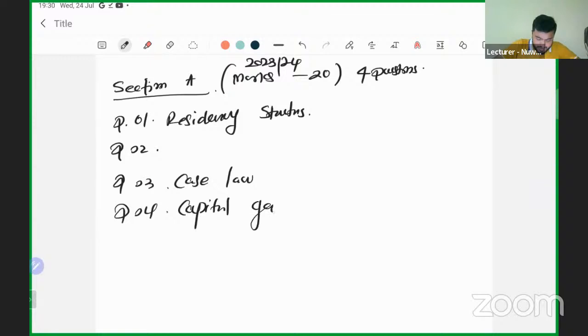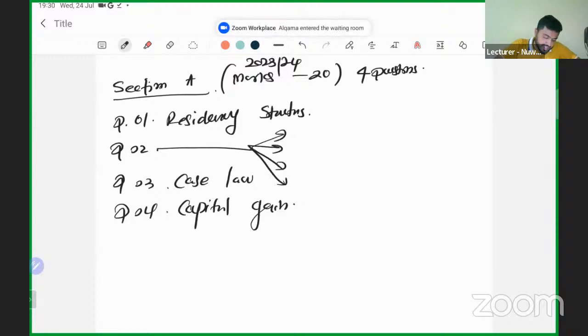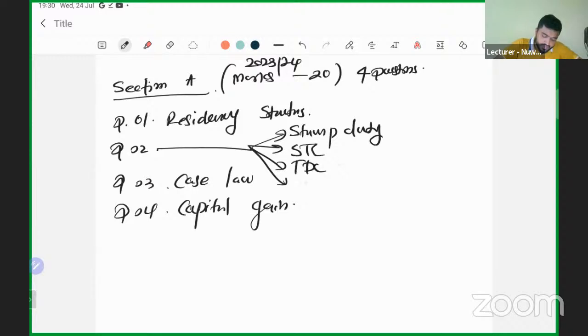Here, question number 2 this time can be stamp duty, not fully, a mix of share transaction levy and tourism development levy.